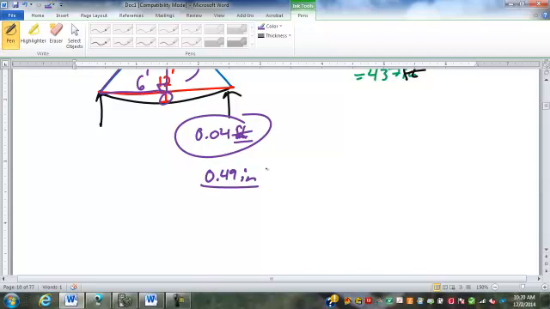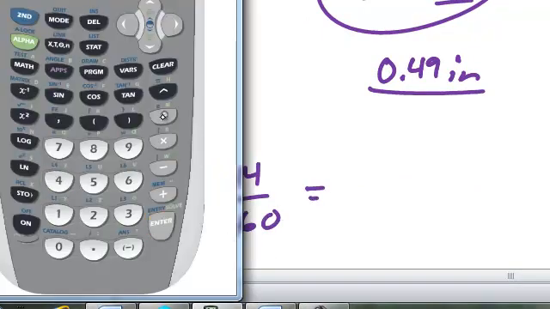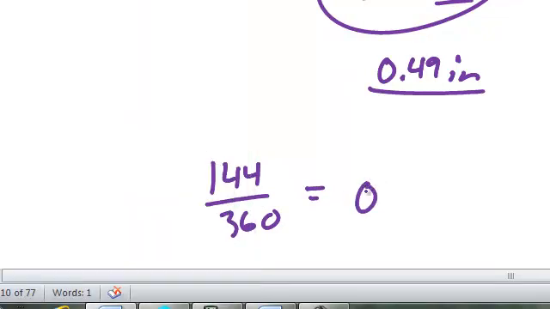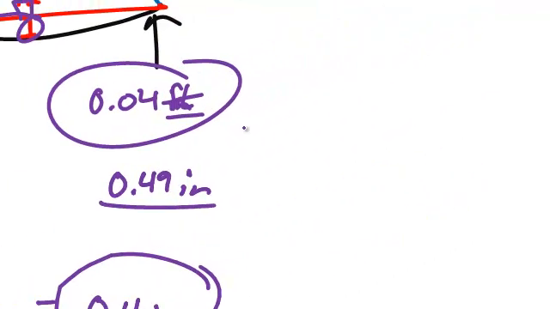Is that acceptable? Well, let's assume this is a floor. We're working at L over 360. 12 feet is 144 inches divided by 360. 0.4 inches is our allowable deflection, so no, 0.49 is too much. So that is over the allowable deflection. Make sense?